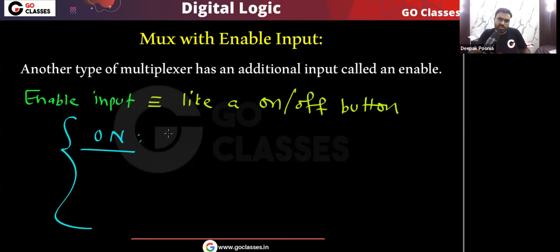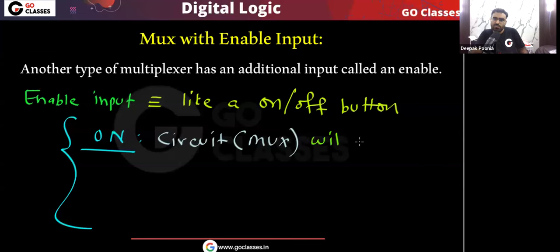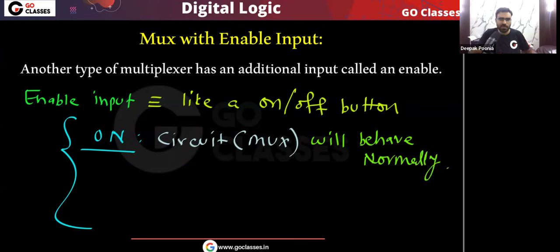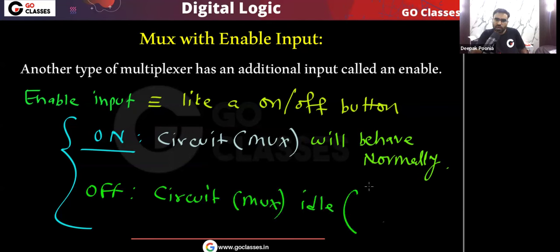Here we are discussing the multiplexer, so our multiplexer will behave normally. And when this enable input is off, then the circuit, here the multiplexer, will be idle. Idle simply means that the output will be zero.